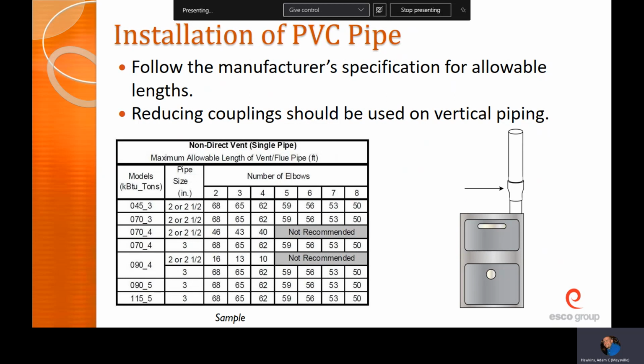I'm just making this up. I can't remember off the top of my head, but one elbow may count for 15 equivalent feet. So basically, if you have an elbow, that's the same as having 15 feet of straight pipe because of the restriction that elbow is placing. So try to avoid elbows if at all possible.